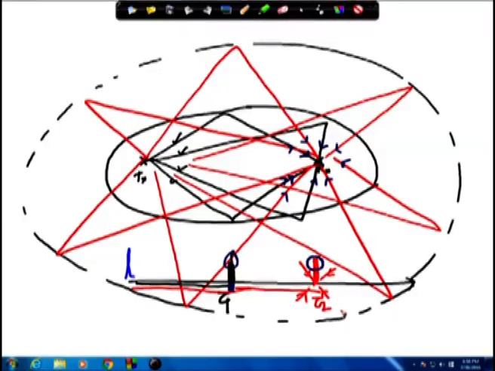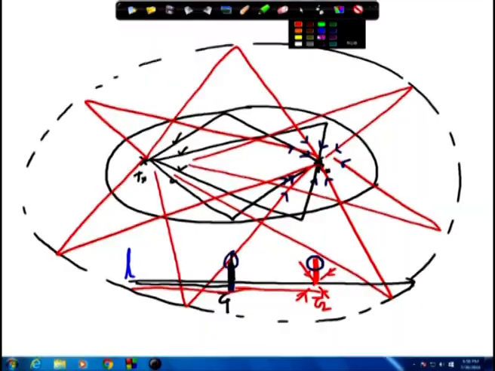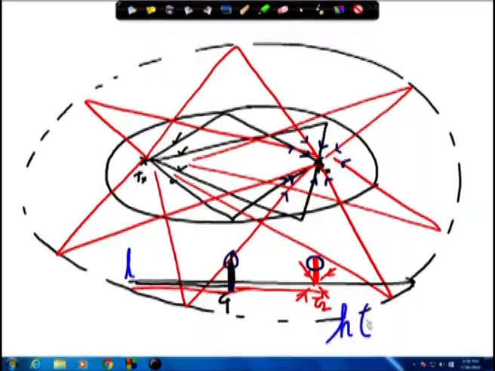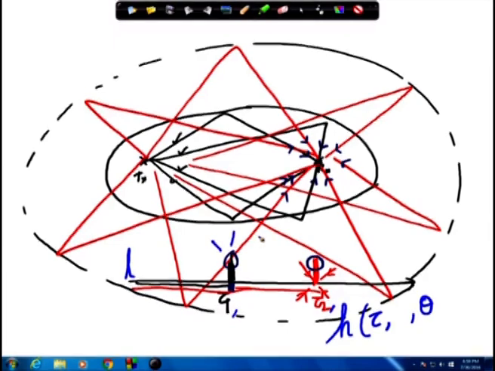Hence we are, in other words, trying to describe h, the channel coefficient, as a function of delay. We already have tau 1 and tau 2, and also theta, that means the angle: at tau 1 in this angle, this angle, this angle, this angle, at tau 2 again this angle, and of course that's a function of time.